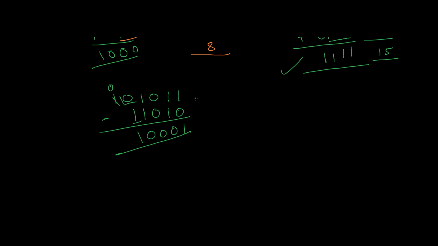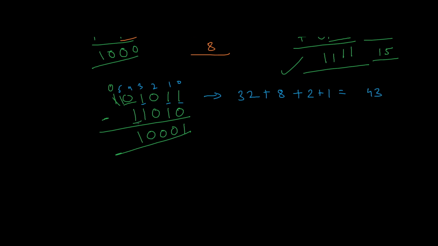We can verify this. So if we convert this to decimal, it's going to be 0 1 2 3 4 5. This is 2 to the 5th times 1, which is 32, plus this is 2 to the 3rd times 1, that's 8, plus 2 plus 1, it's equal to 43.